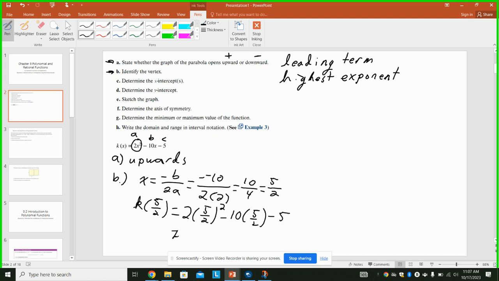5 squared we saw was what? 25 over 4. Very good. So we get 2 times 25 over 4.